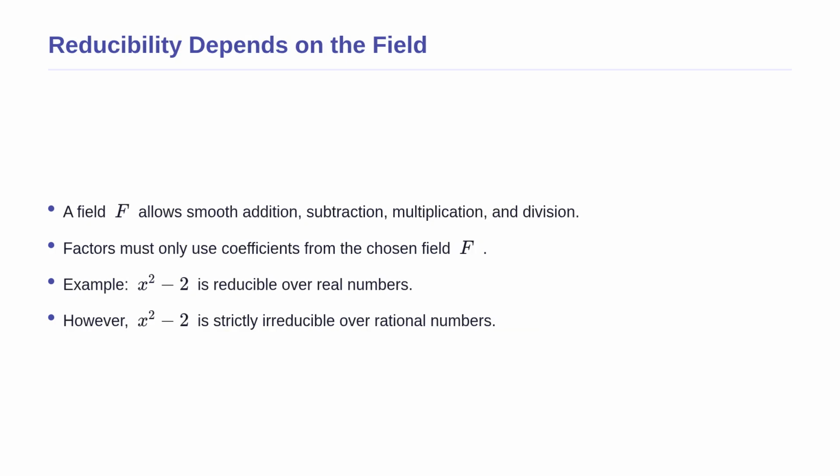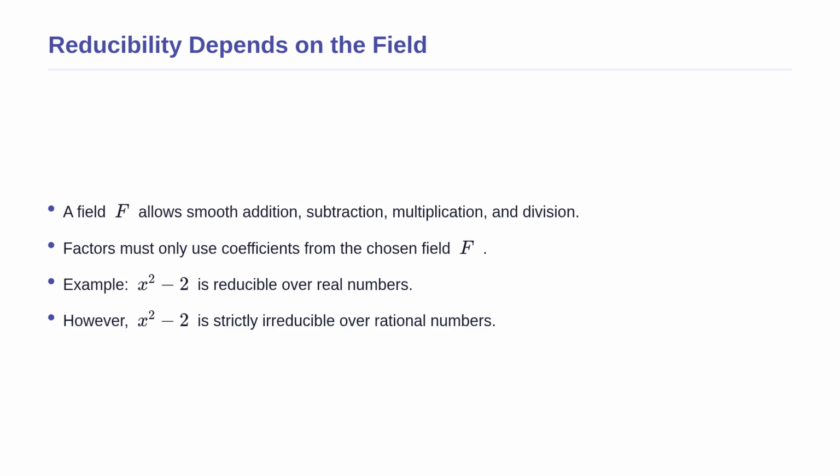Now that we understand what reducibility is, we must introduce a crucial rule. Reducibility depends entirely on the field you are allowed to use. A field is simply a number system where you can add, subtract, multiply, and divide smoothly. For a polynomial to be reducible over a specific field, its smaller factors must only use numbers from that exact field.